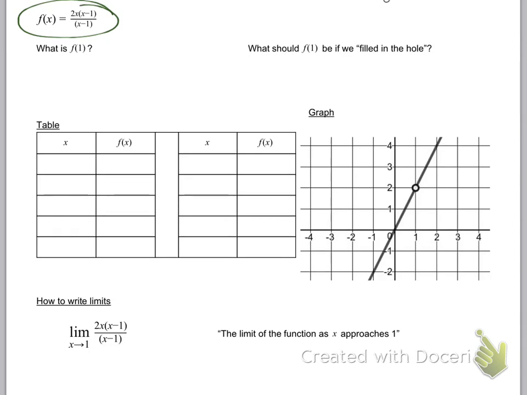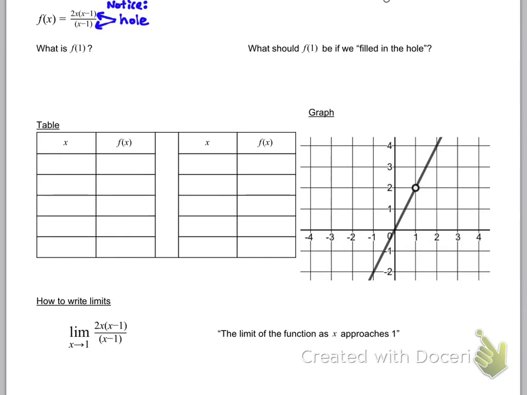Notice this function has the factor x minus 1 in both the numerator and the denominator. What that does is that creates a hole. We're going to learn more about this feature in the future, but right here on the graph, you guys can see that right at (1, 2), the line actually doesn't exist.